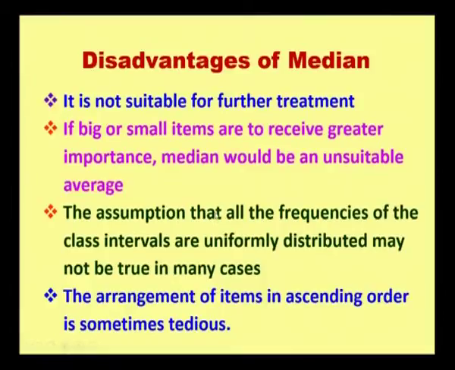The assumption that all the frequencies of the class intervals are uniformly distributed may not be true in many cases. The arrangement of items in ascending order is sometimes tedious, because if the number of items is small, some 5 or 10, we can easily arrange them. But if the number of items is large, then it is very difficult to arrange them in order, and therefore it is somewhat tedious.